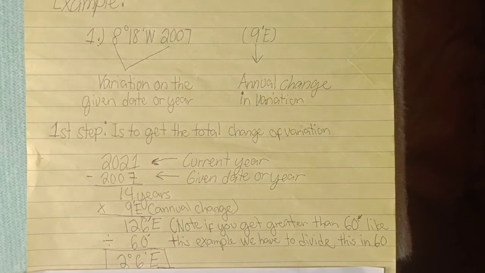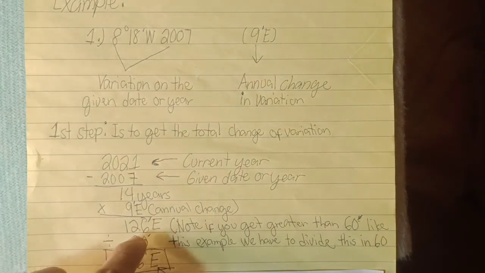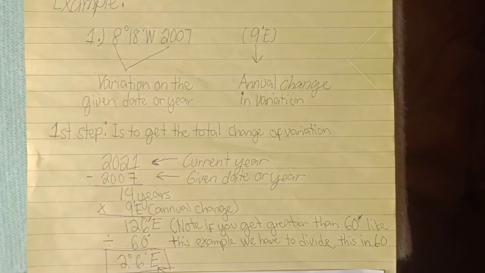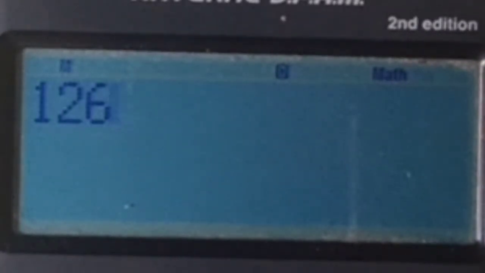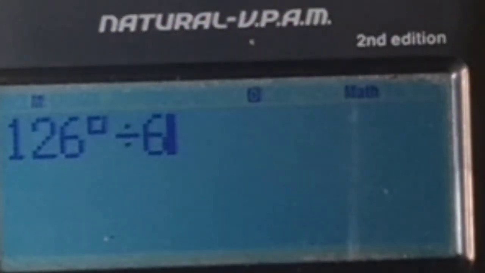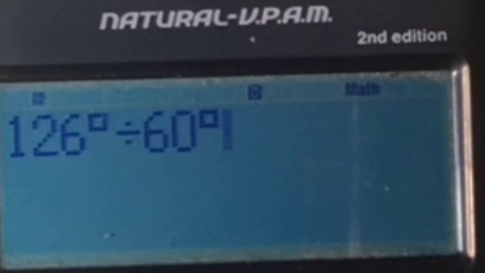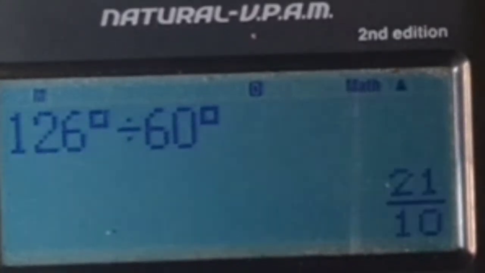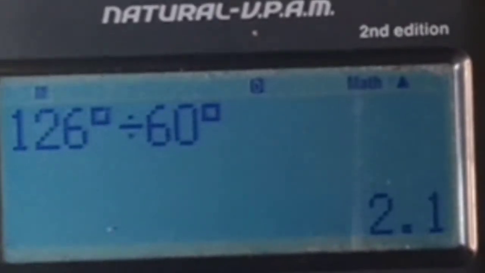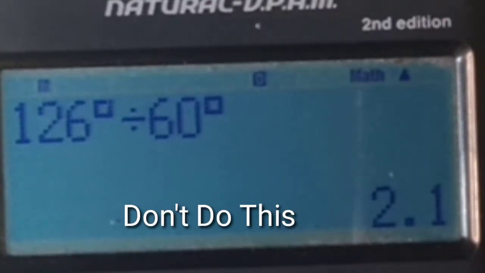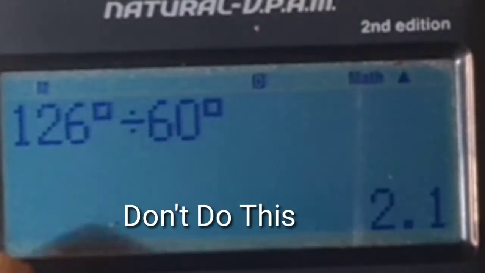If you are asking why you did not get this, it is just because you input it in your calculator this way: 126 minutes divided by 60 minutes is equal to 2.1. Don't do this.